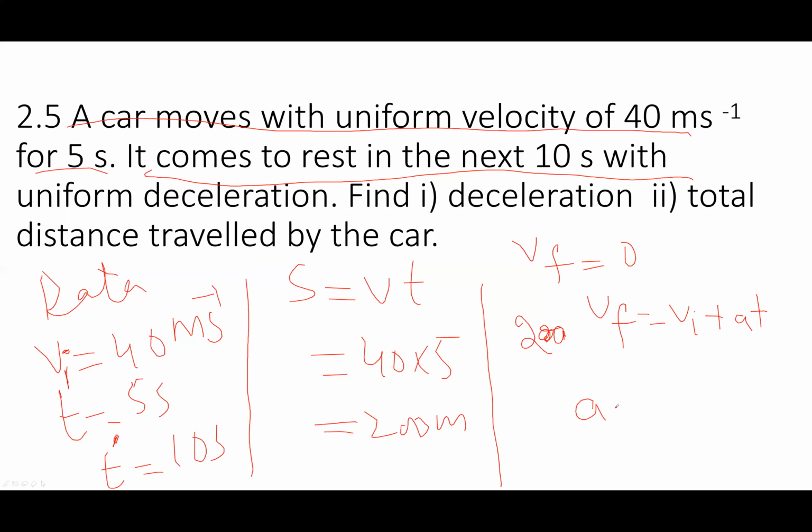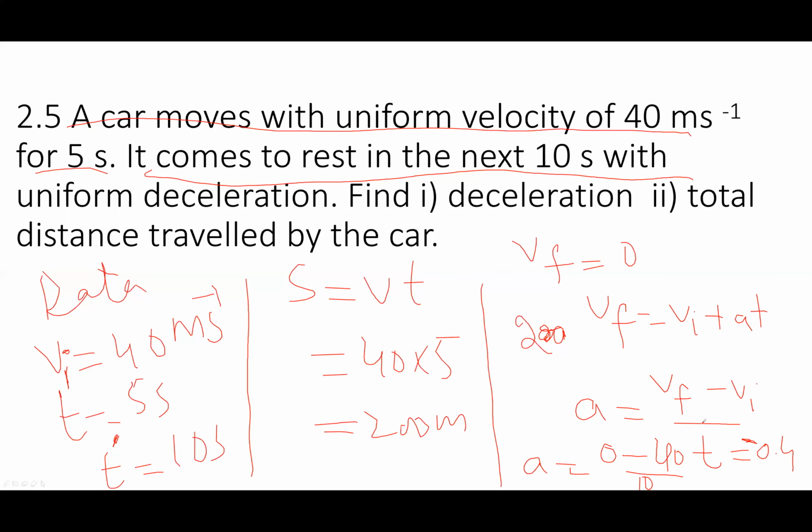Acceleration is equal to v minus vi divided by t. So acceleration is equal to v is 0 minus vi is 40, divided by 10. So it's minus 4 meter per second square. I didn't write the unit, but you write the unit.